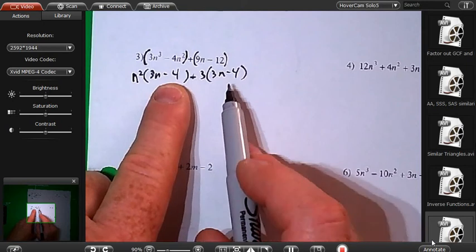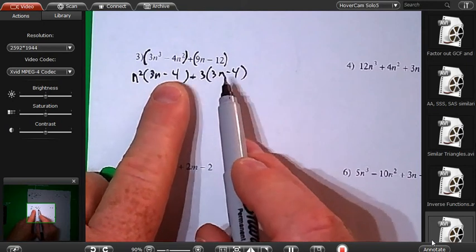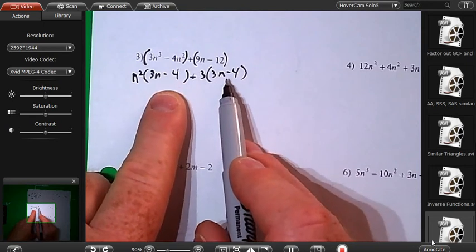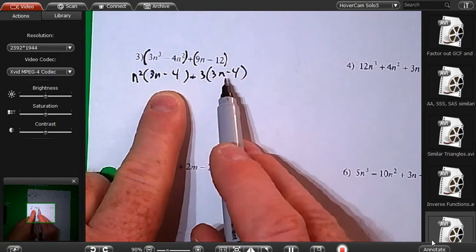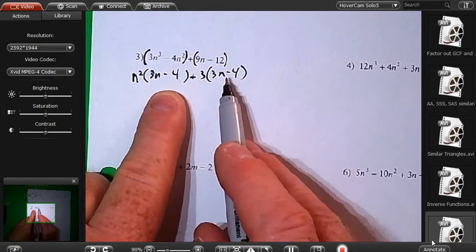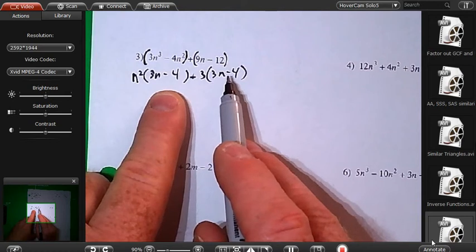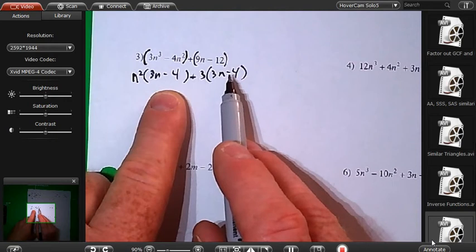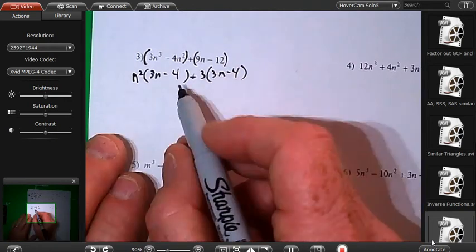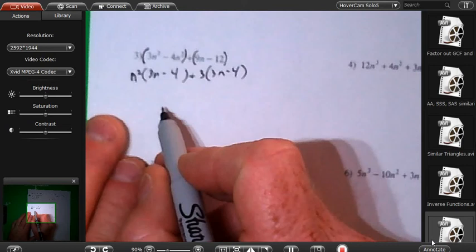If these factors are not the same, then you either did something wrong or you would need to rearrange the terms. Well, I'm not going to give you problems where you have to rearrange the terms. Therefore, if these are not the same, you did something wrong. So now we factor out the common binomial factor, which is 3n minus 4.